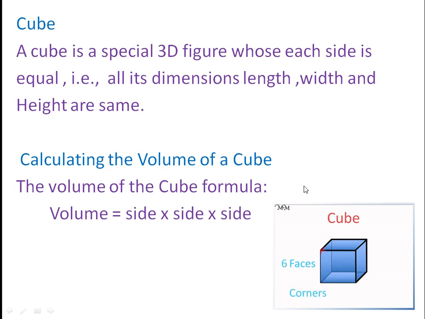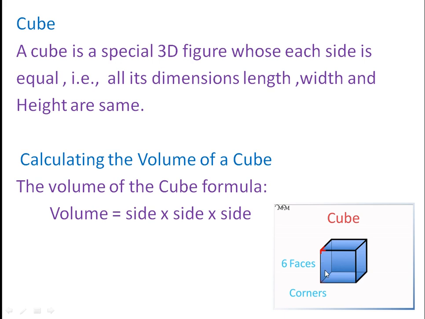See here, the cube is a special 3D figure whose sides are equal. Here, the side of a 3D shape is called the face. A cube is a special 3D figure whose each side is equal. The side of a 3D shape is called the face. 3D shape faces are flat.